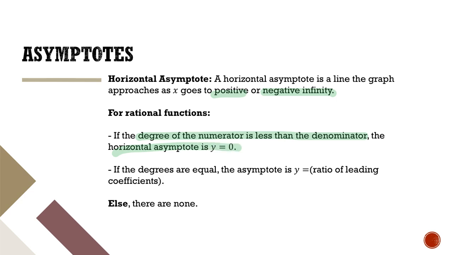If the degrees are equal, take the ratio of the leading coefficients of the numerator and the denominator, divide them, and say y equals that; that will be the horizontal asymptote. If neither occurs, there are none. So if the numerator's degree is higher than the denominator's, there will be none.